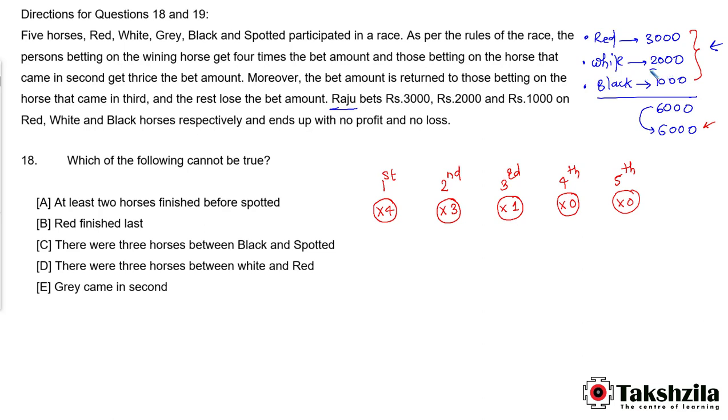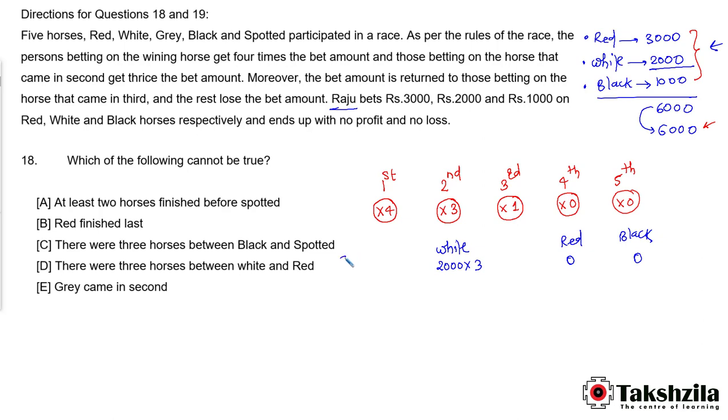So let's multiply this 2000 by 3. Let's say the white horse comes at second position. So this 2000 will get multiplied by 3, and this becomes 6000. The remaining two horses, red comes fourth, so the amount will become 0, and black will come fifth, so the amount will become 0.